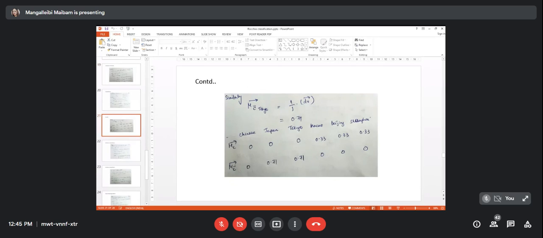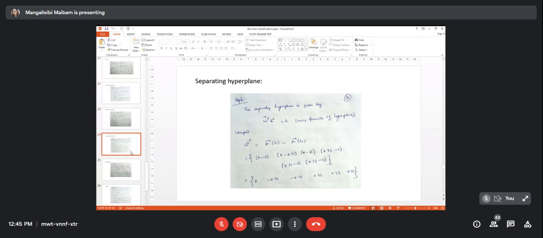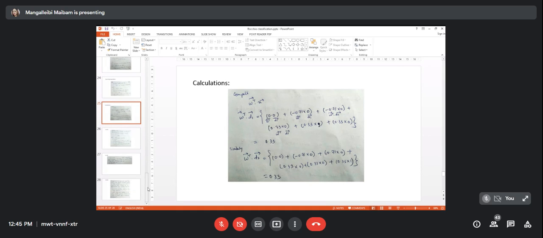After finding the centroid values, we have to find the distance of the test documents from the centroids. After finding the distance, we will assign the class to the test document. After assigning the class to the test document, we will find the hyperplane also, using this equation. So these are the steps for Rocchio classification.